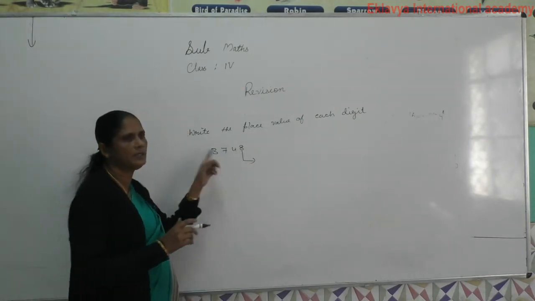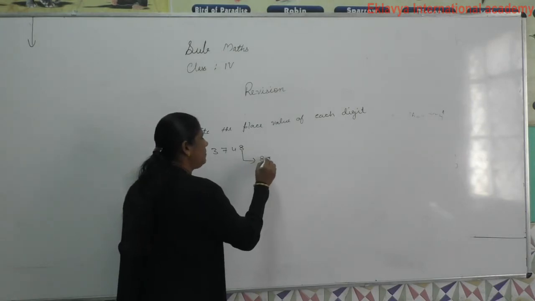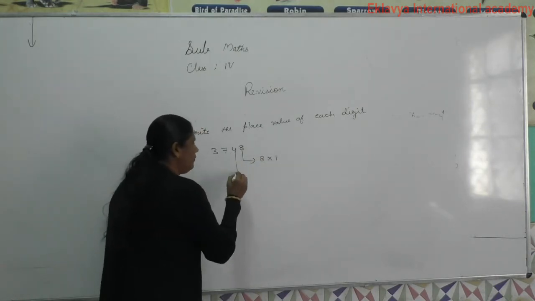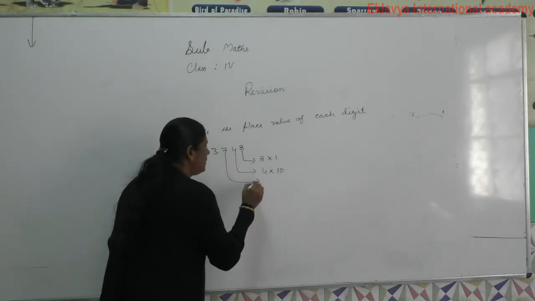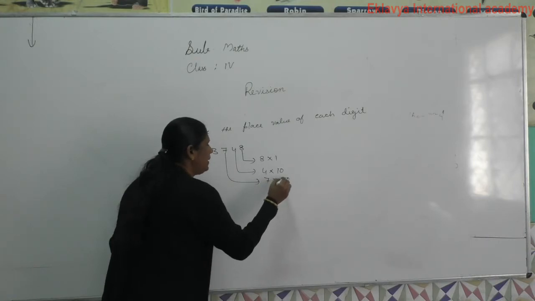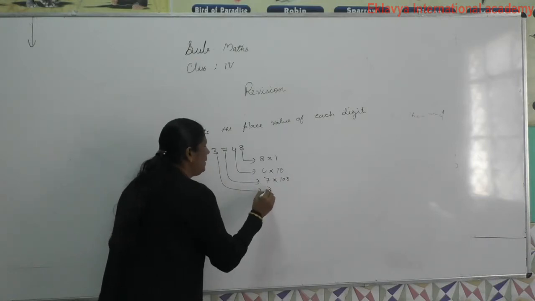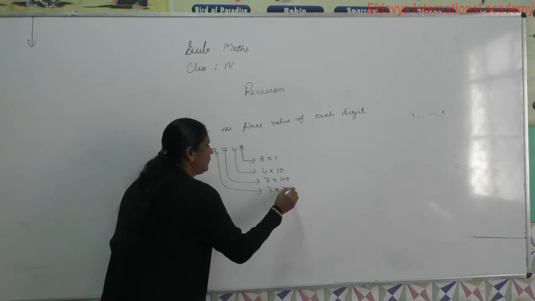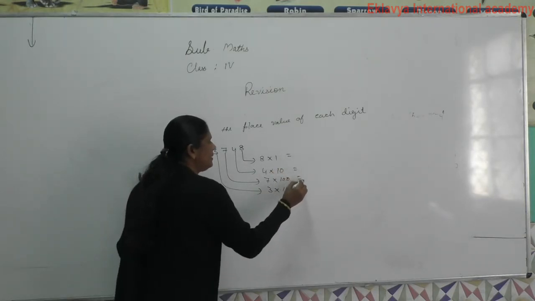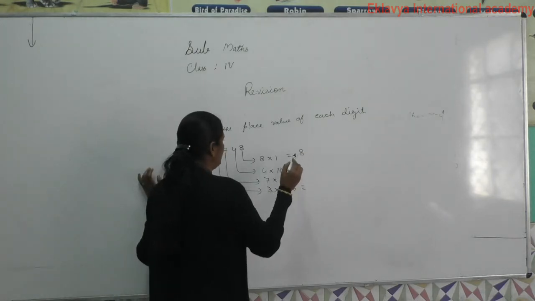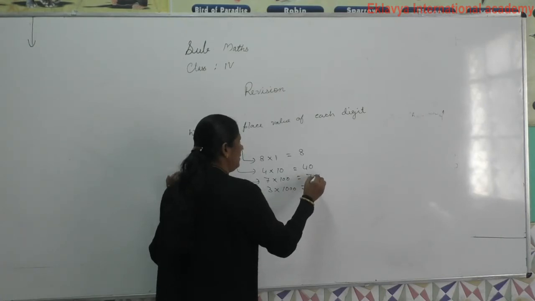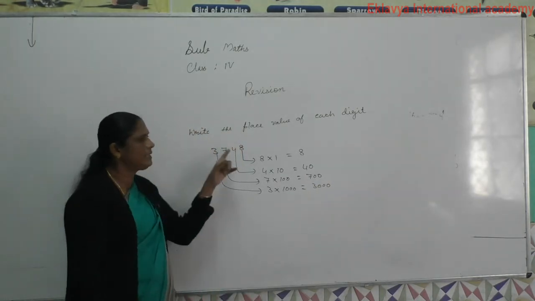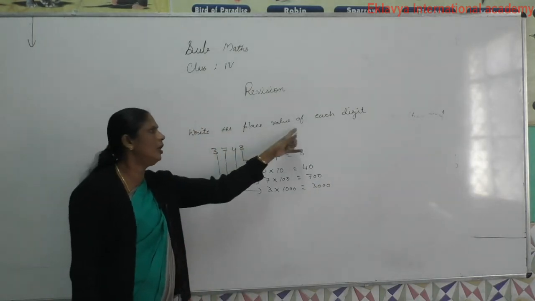Which place is 8 in? Ones place. 8 multiply 1. Then which place is 4 in? 4 multiply 10. Then 7 multiply 100. Then 3 multiply 1000. Then we multiply: here 8, here 40, here 700, here 3000. Understand? This way you find the place value of each digit.